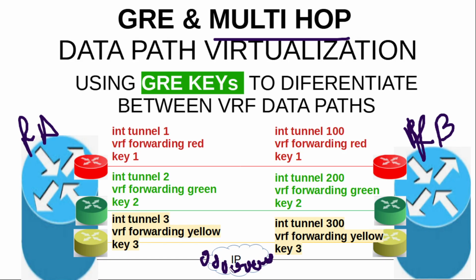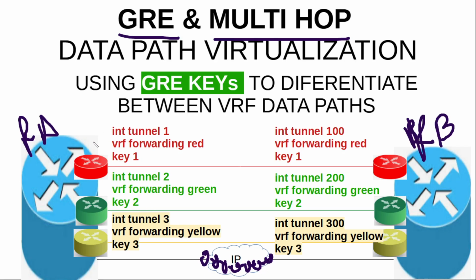So in this case, this technology that is known as GRE lets you do multi-hop data path virtualization, because it will let you communicate these VRFs through a series of intermediate routers.